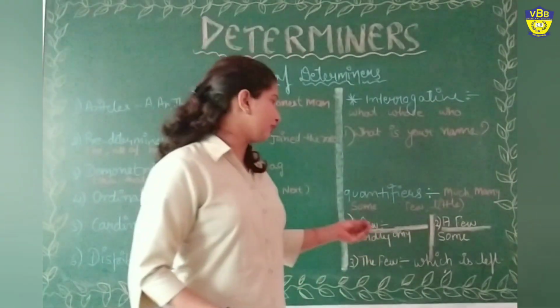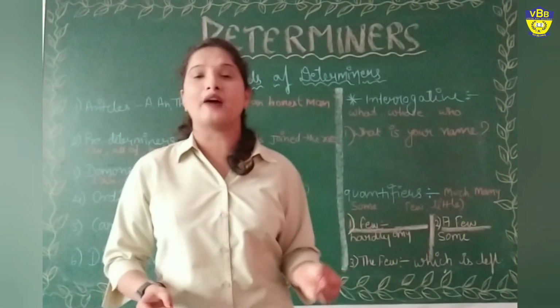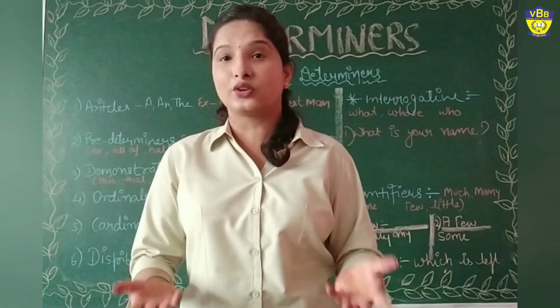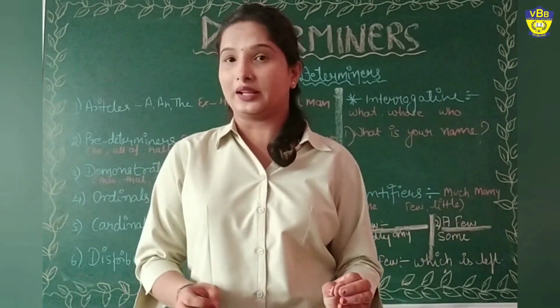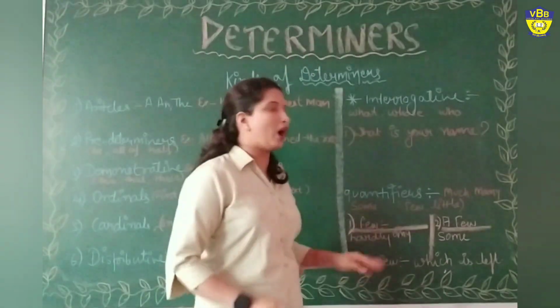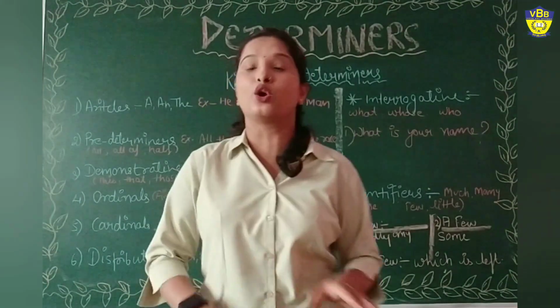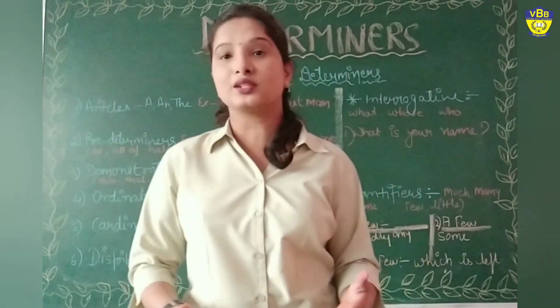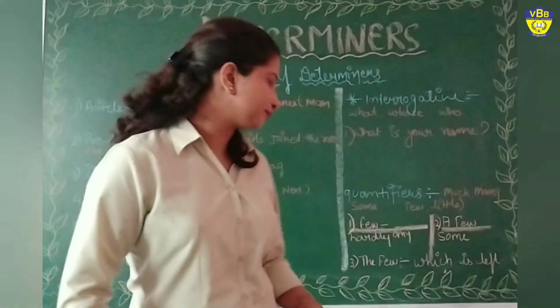And if you have a problem that requires 3 friends but you have only 2, and that is not sufficient, you will use few. I have few friends and that cannot complete that work because I need 3 people.